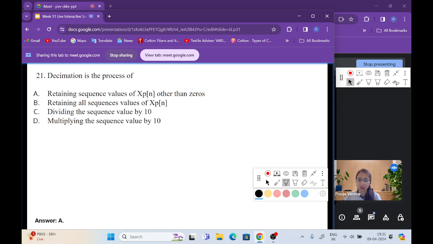So what we are doing in decimation, any sequence x[n] is given.